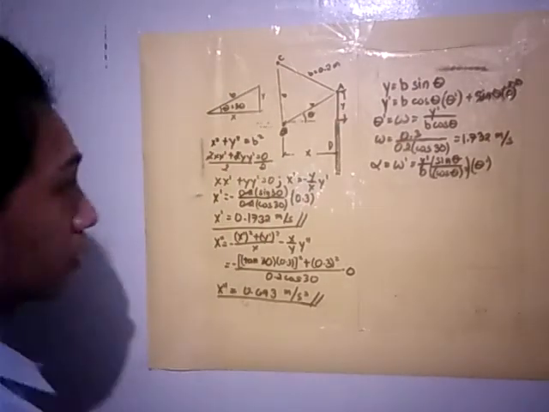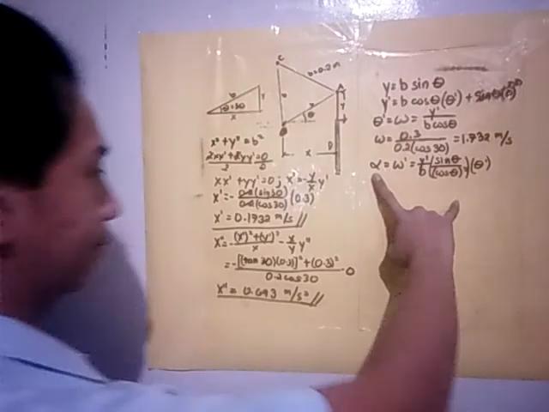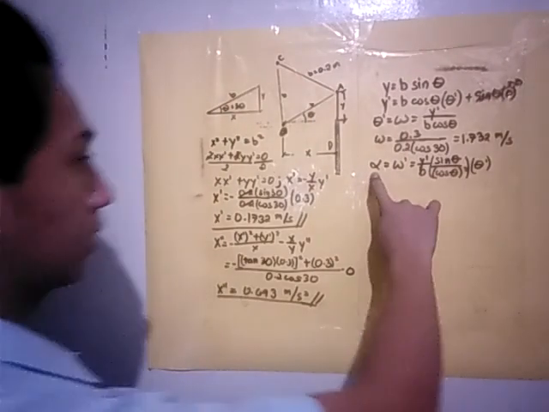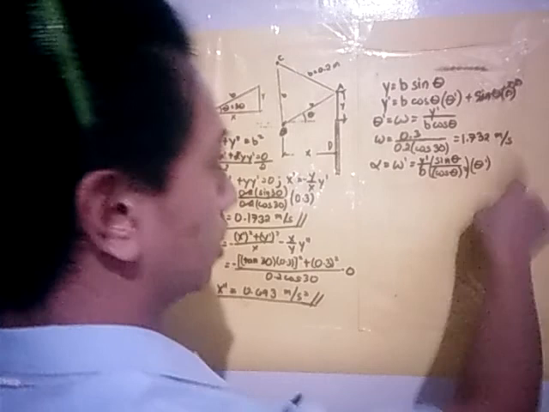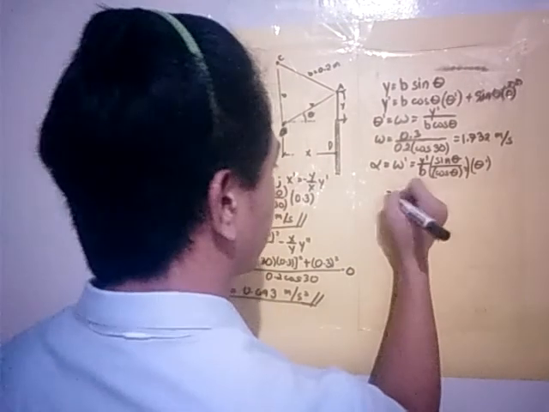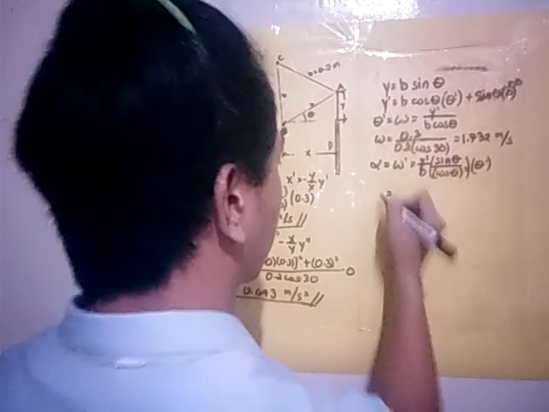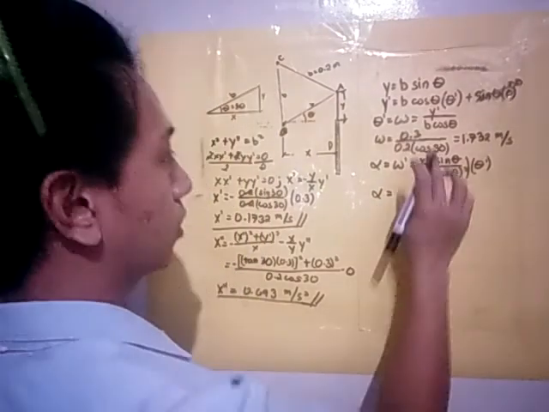So we have an equation for our angular acceleration, which is this one. So we will next substitute the values. So alpha is equal to y prime.